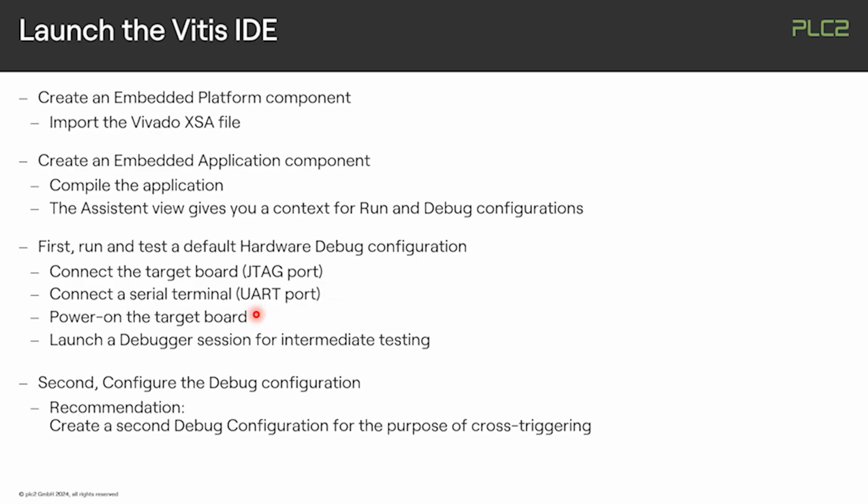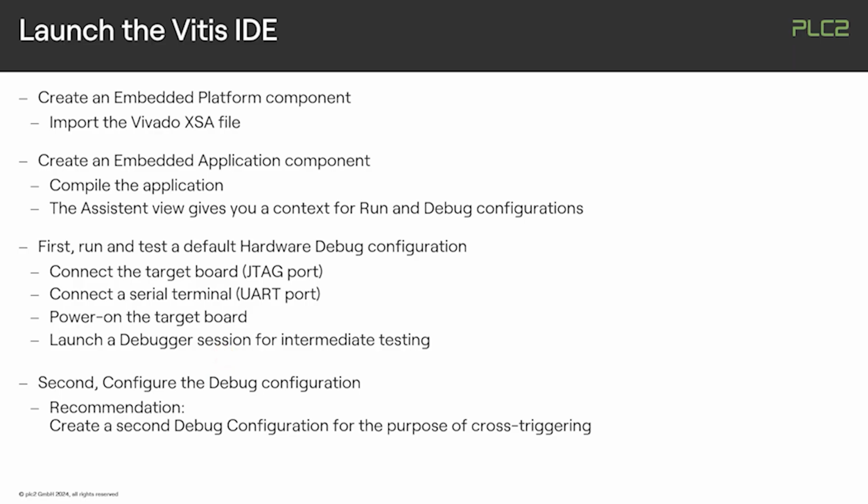We power on the board, we launch the debugger session, and then the software typically needs to be loaded while it's prepared in the local host environment of the Vitis, but a debugger session can also be connected to a running system if needed.